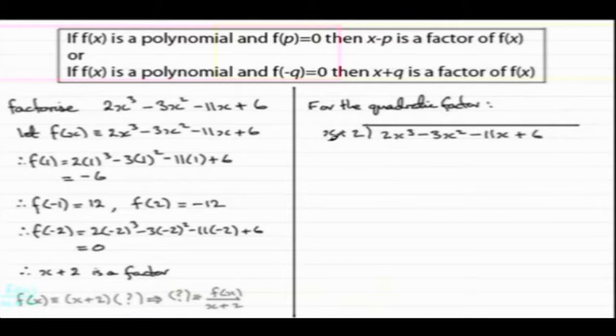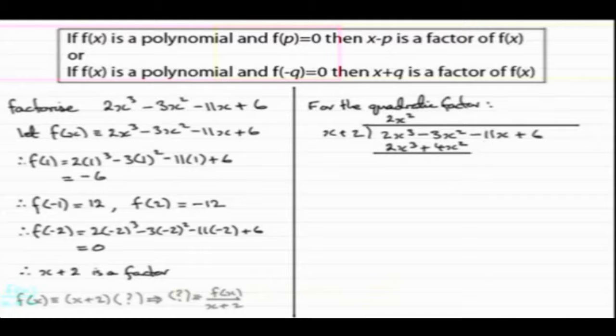Okay, we've got to do x plus 2 into f of x, 2x cubed minus 3x squared minus 11x plus 6, to get that quadratic factor. In the usual way, what do you multiply x by to give 2x cubed? Well, it's got to be 2x squared. Multiply the 2x squared with the x plus 2 and you get 2x cubed, and 2x squared times 2 is 4x squared.